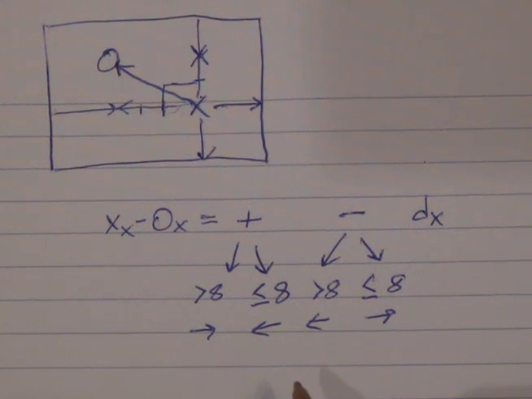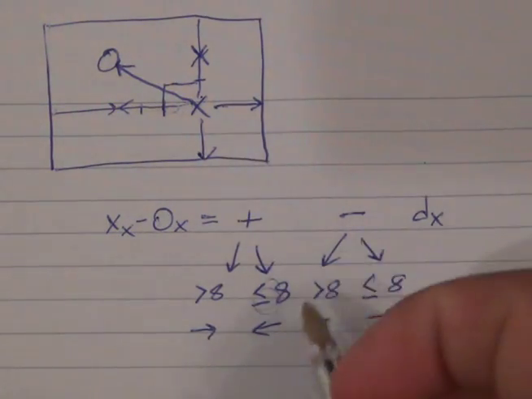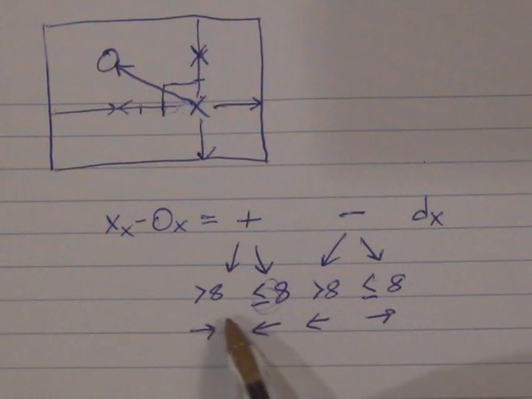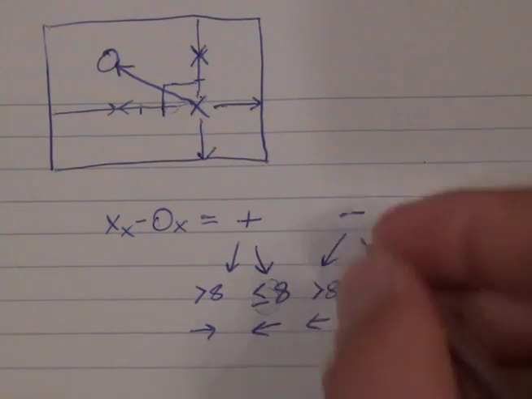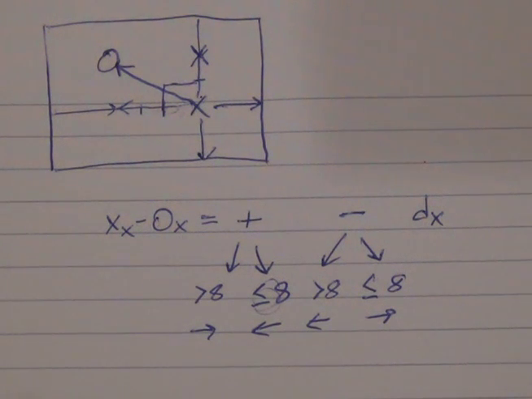We can take the absolute value or something like that. But anyway, we can find out what's the distance we're going to go, because if it's greater than 8, we just take 16 minus the absolute value of whatever it is, and that will be the distance we have to go in the other direction.